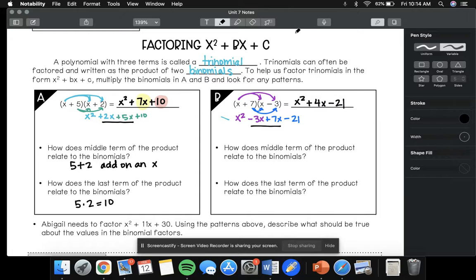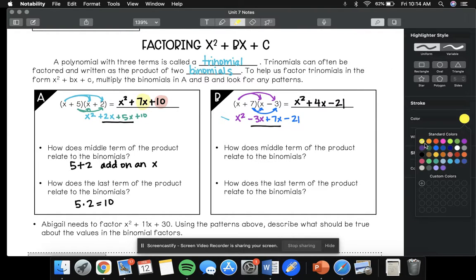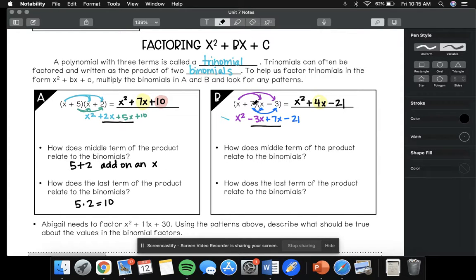So it's asking the same questions. The first question is, how does the middle term relate to the product of the binomials? Something that I notice is that 7 minus 3, because this is a negative 3, equals 4.